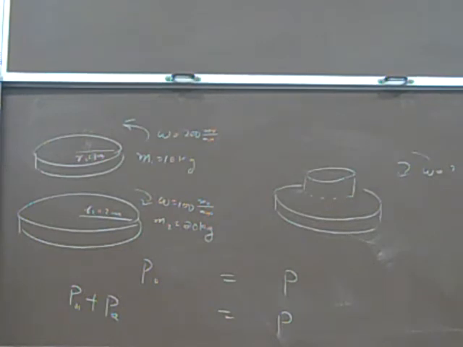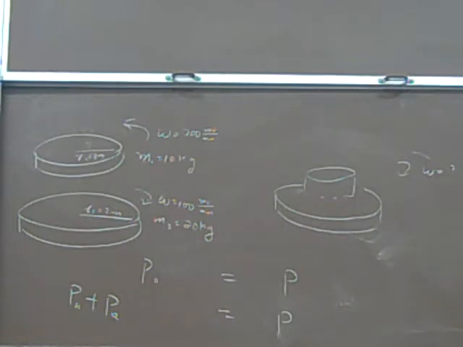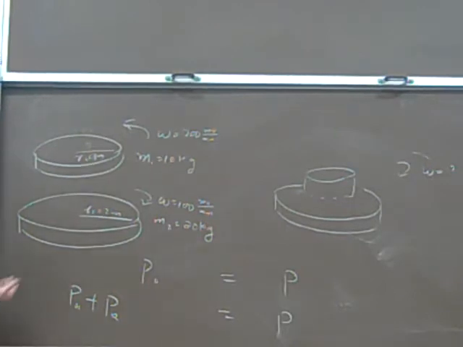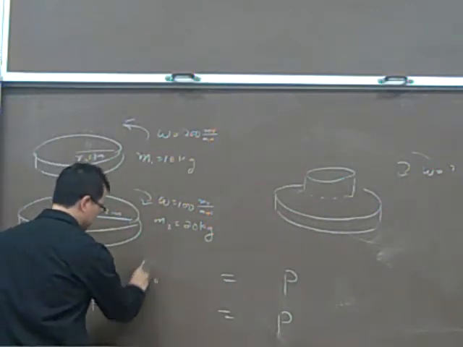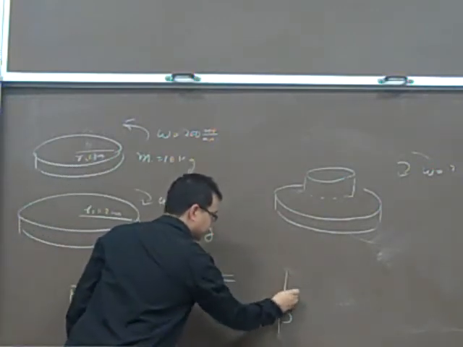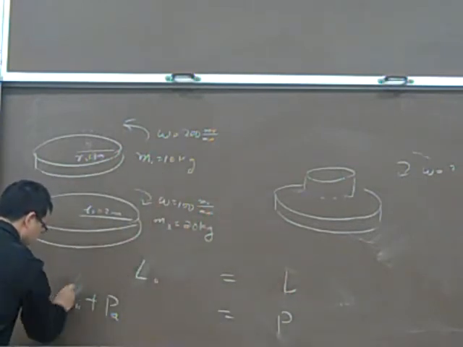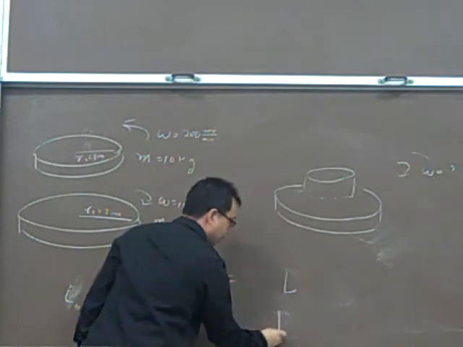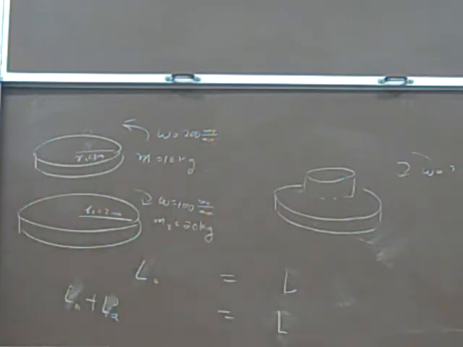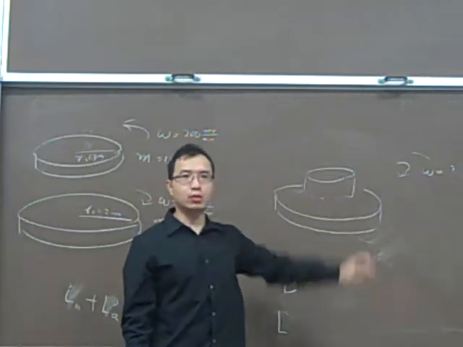And then we need to calculate, not P, sorry, this is not the linear momentum. We should use angular momentum L. So we need to calculate the three angular momenta, for this one, and this one.